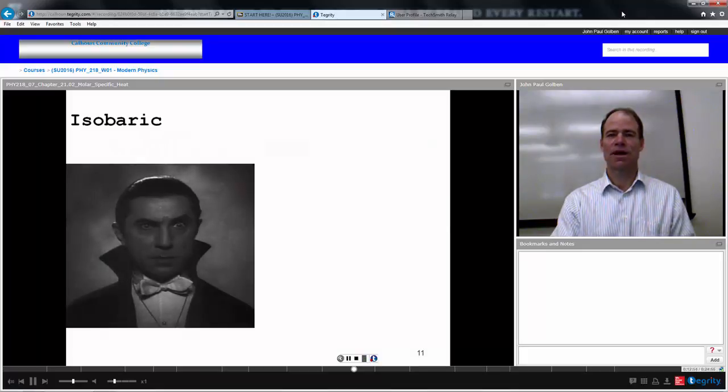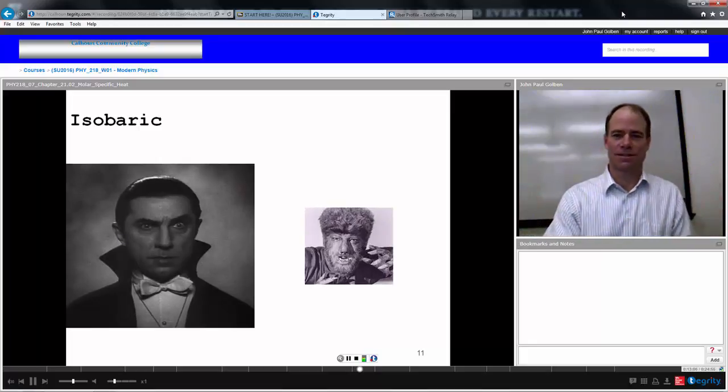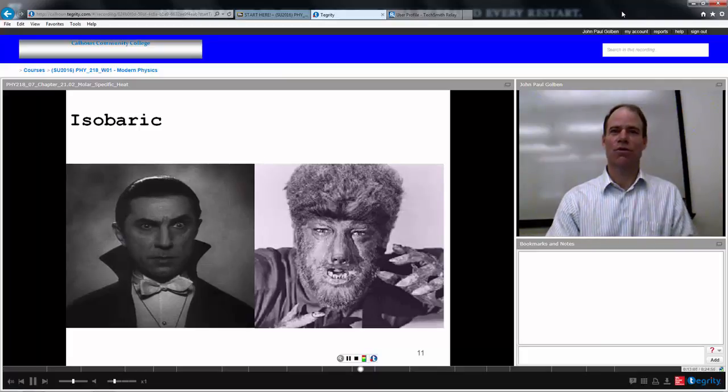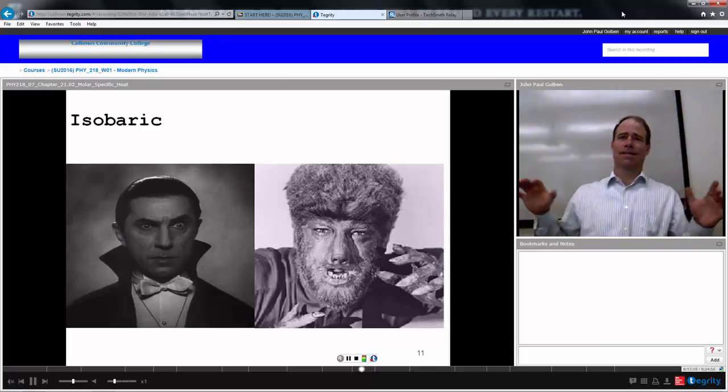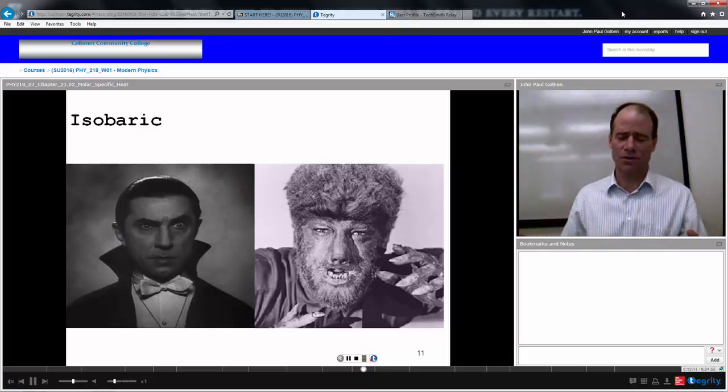For isobaric, consider this. We have Dracula, ooh, scary, and we have the Wolfman, ooh, equally scary. We would say that they are isobaric.